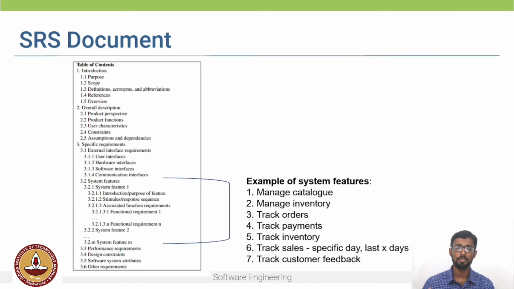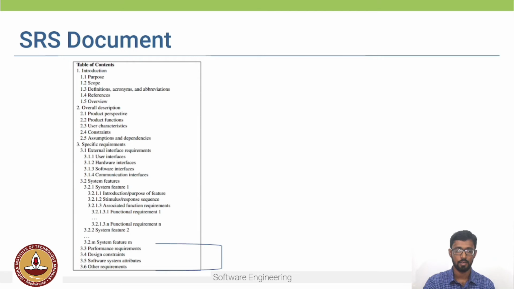So all of this forms specific system features which can be listed in the system features section. And for each of these system features, we add additional functional requirements. And finally, section 3.3 to 3.6 contains details of non-functional requirements like performance, security, etc.